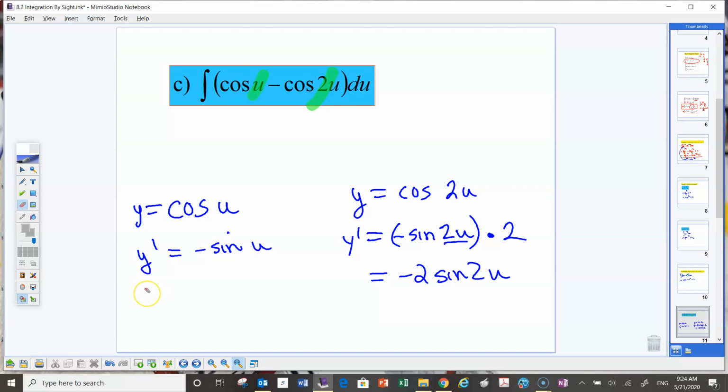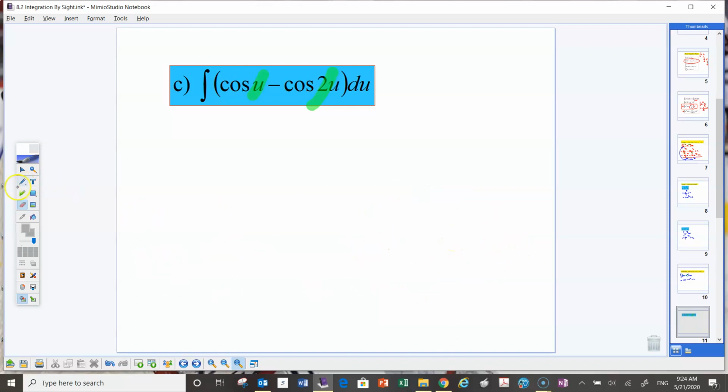Well, for integration, it's very similar, except instead of multiplying by the derivative of the inside, we have to divide by the derivative of the inside, because integration is the inverse operation of differentiation. So the integral of cos u, and again we're integrating with respect to variable u, would just be sine u, minus the integral of cos 2u.